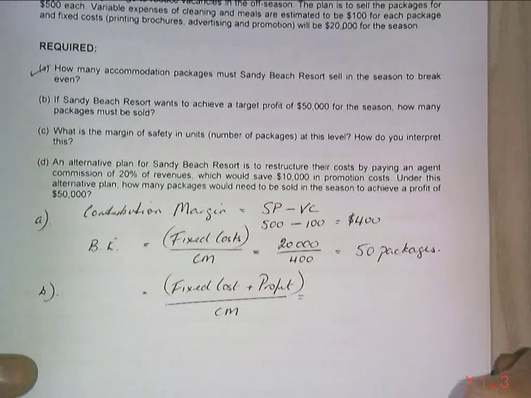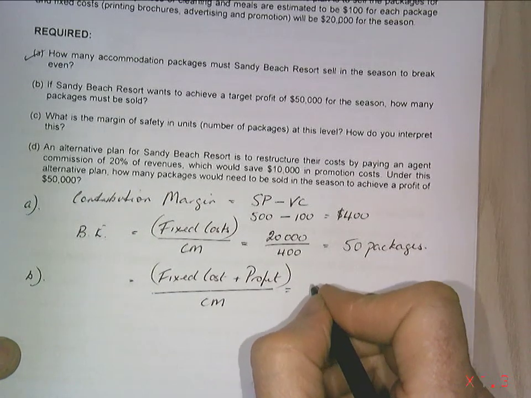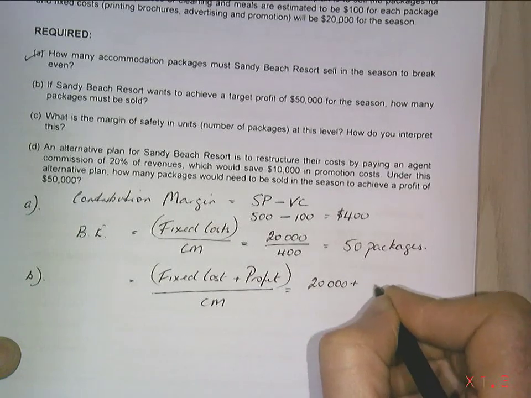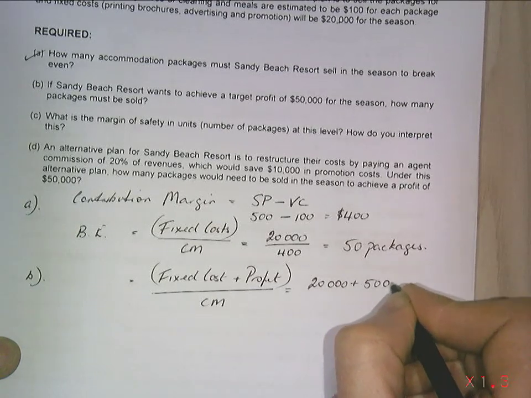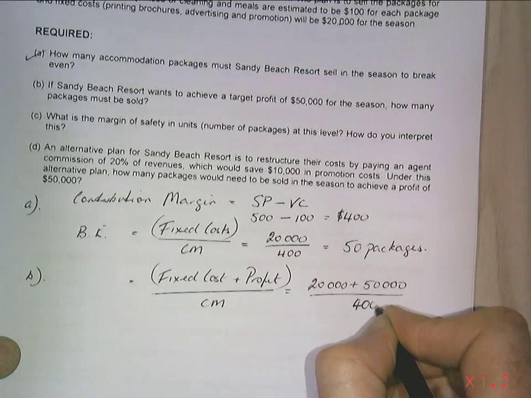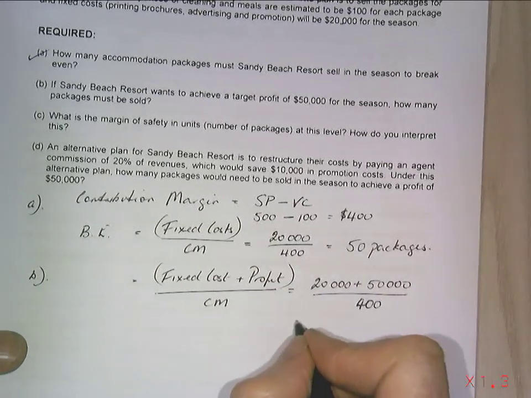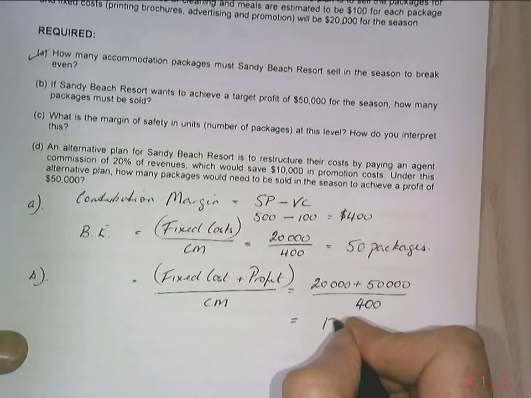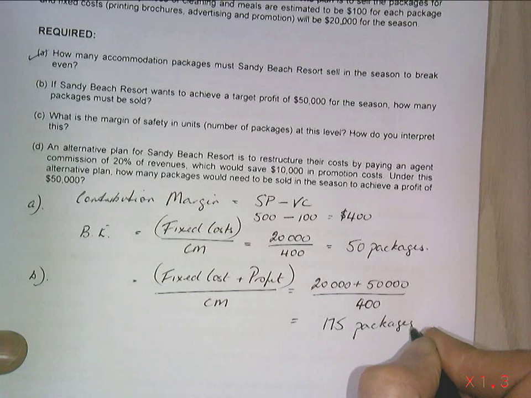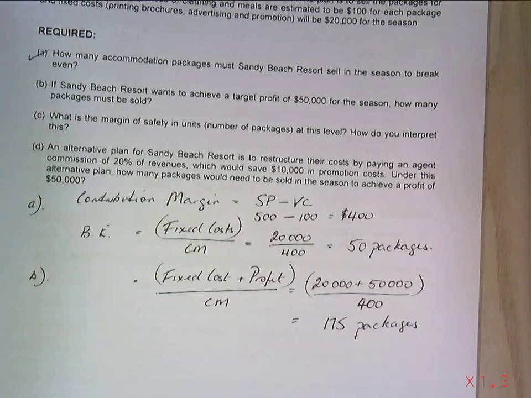So in this case, it's $20,000 plus my $50,000 divided by my 400 equals 175 packages. So it's B.